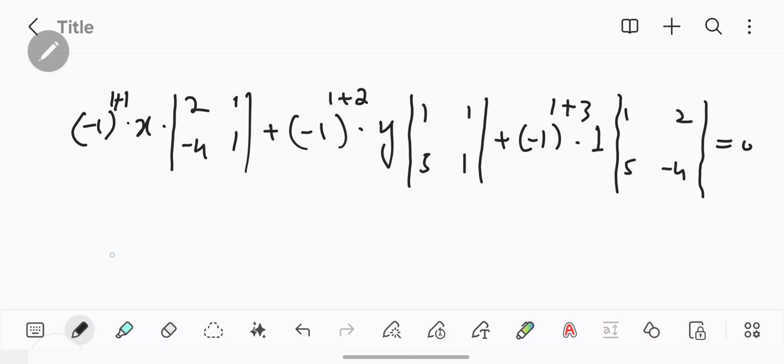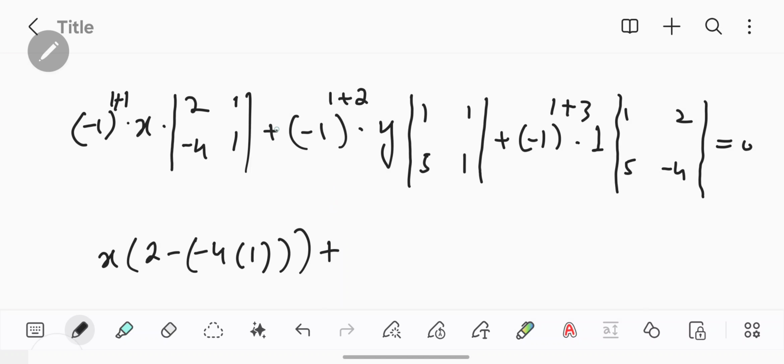So this is equal to x times 2 times 1, because minus 1 to the power 2 is even, so x times 2 times 1 is 2 minus the product of these two, minus 4 times 1.